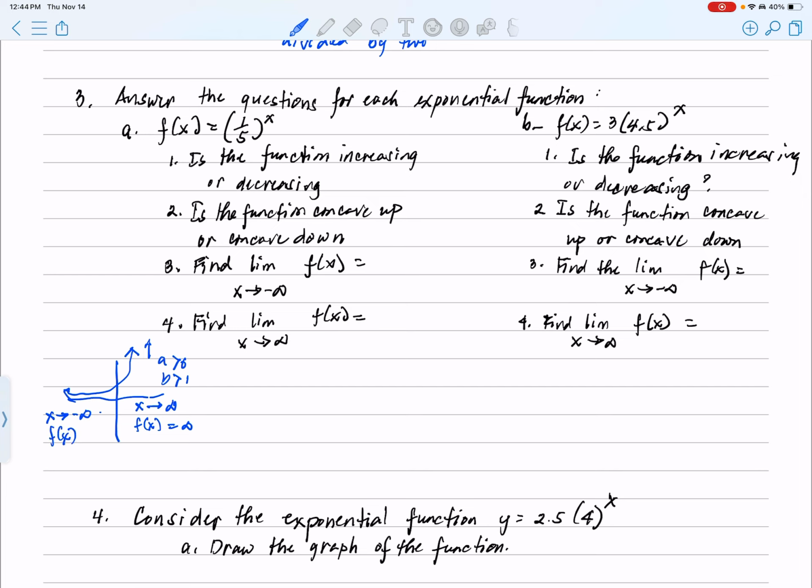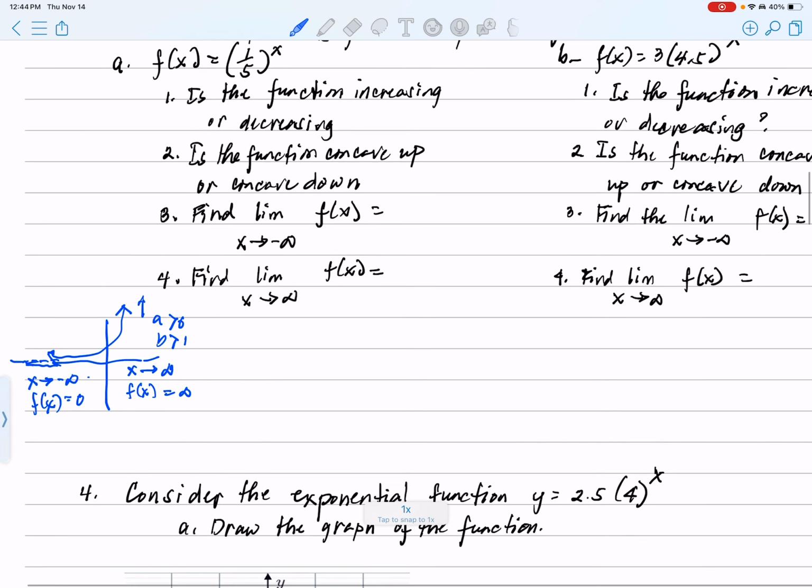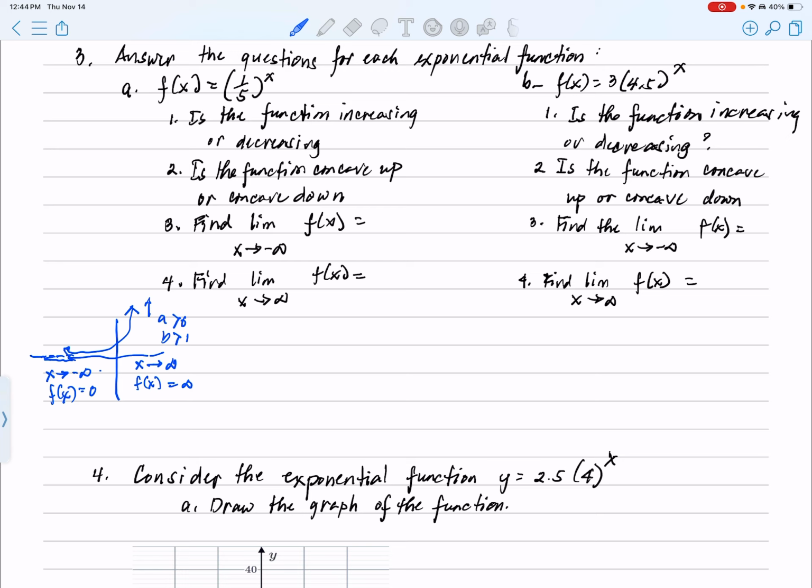It will get closer and closer until it equals 0. That's the case. While a is greater than 0 but b is less than 1, what's going to happen?